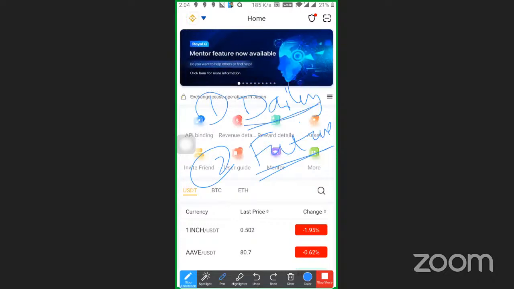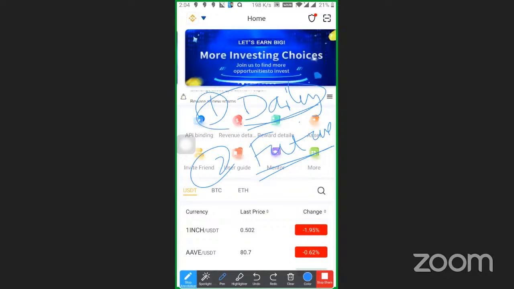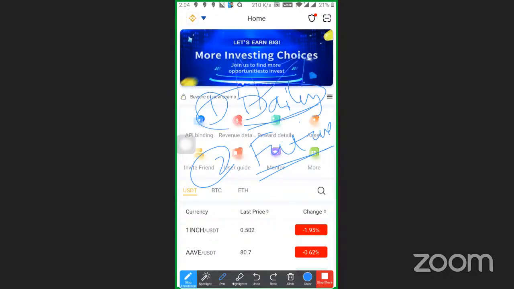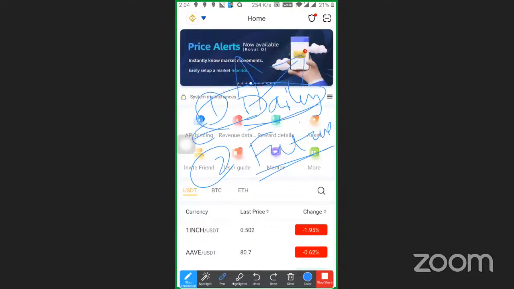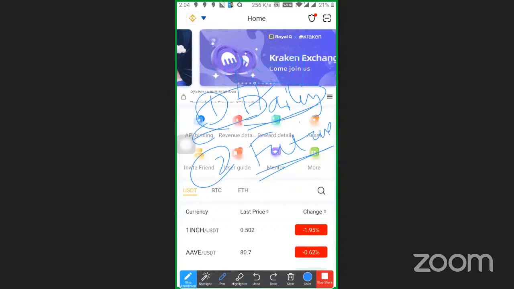So how can you earn a daily income? We have many ways. You can go and share Royal Q with all your friends. If you share this wonderful robot, Royal Q gives you $30 to $70, depending on your rank, right?